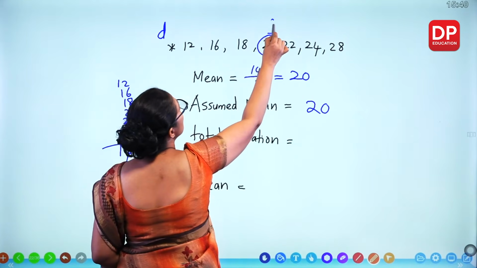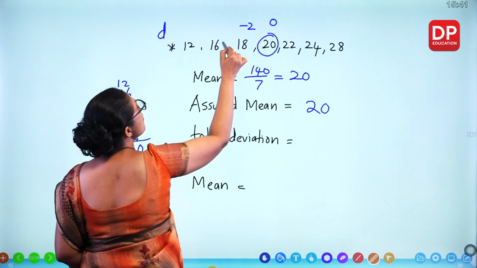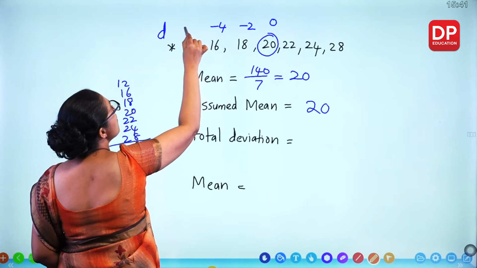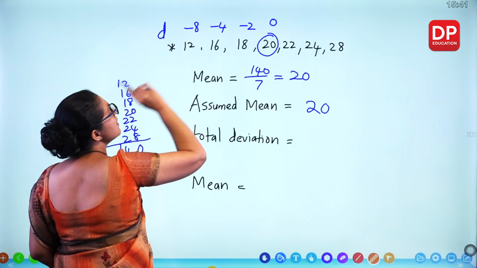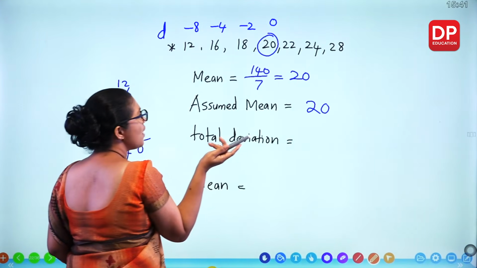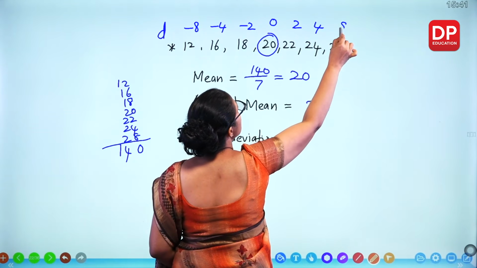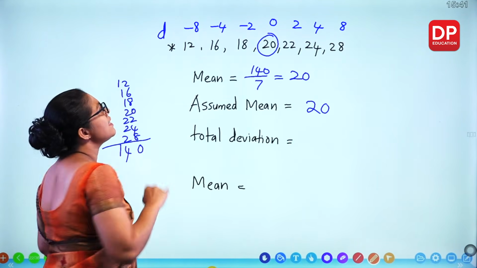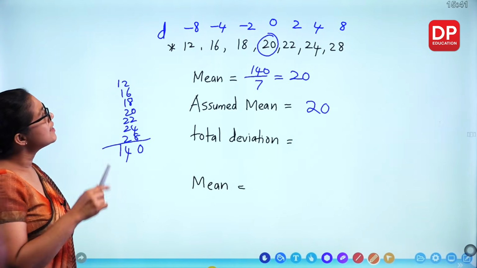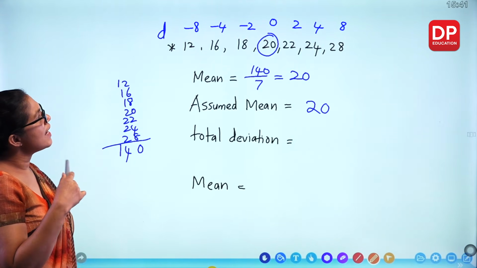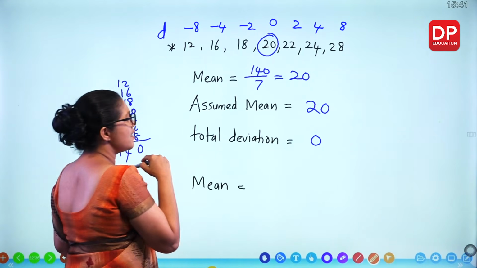This is 0. 20 and 18, you get minus 2. Minus 4, 20 and 12, minus 8. This side, 22 and 20, plus 2, plus 4 and plus 8. So what's the total deviation? When you add all together, 8 cancels out, 4 cancels out, 2 cancels out. The total deviation is 0.